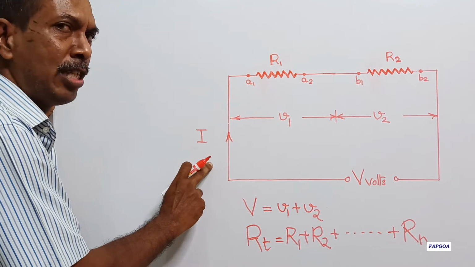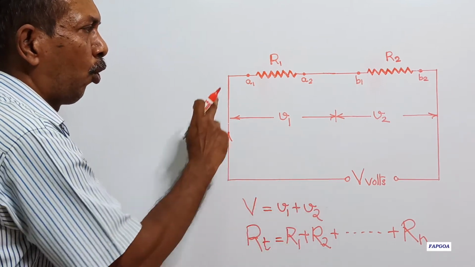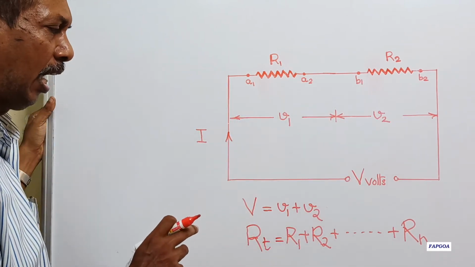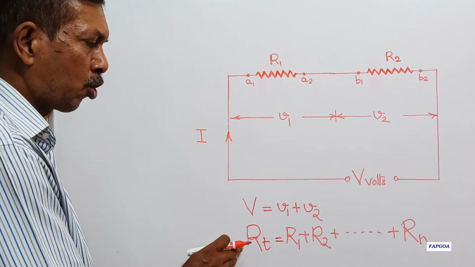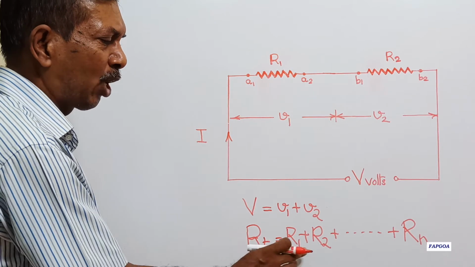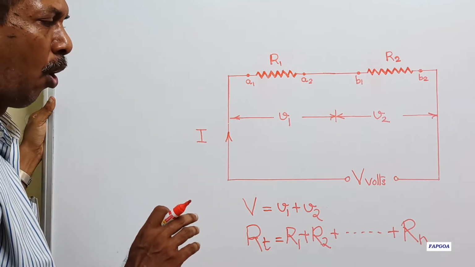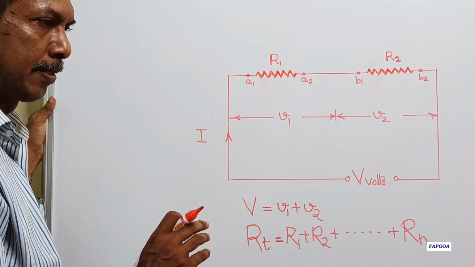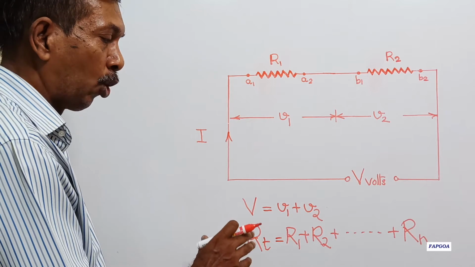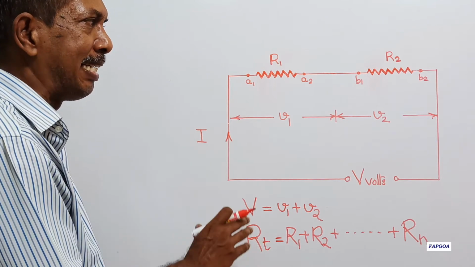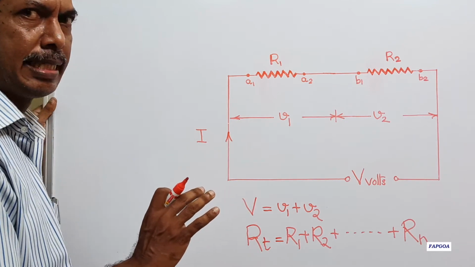Electric current has only one path to flow in the circuit. And feature 3, the total resistance is equal to the sum of all the individual resistances. That is, the total resistance increases in a series circuit.